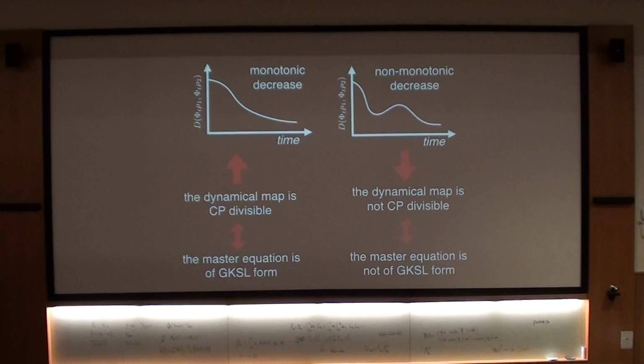And in this case, the trace distance is always monotonically decreasing. If I have non-monotonic behavior, then I can imply that the dynamical map is not CP divisible, and therefore the master equation is not of Gorini-Kossakowski-Sudarshan-Lindblad form. So this is the unique connecting point.